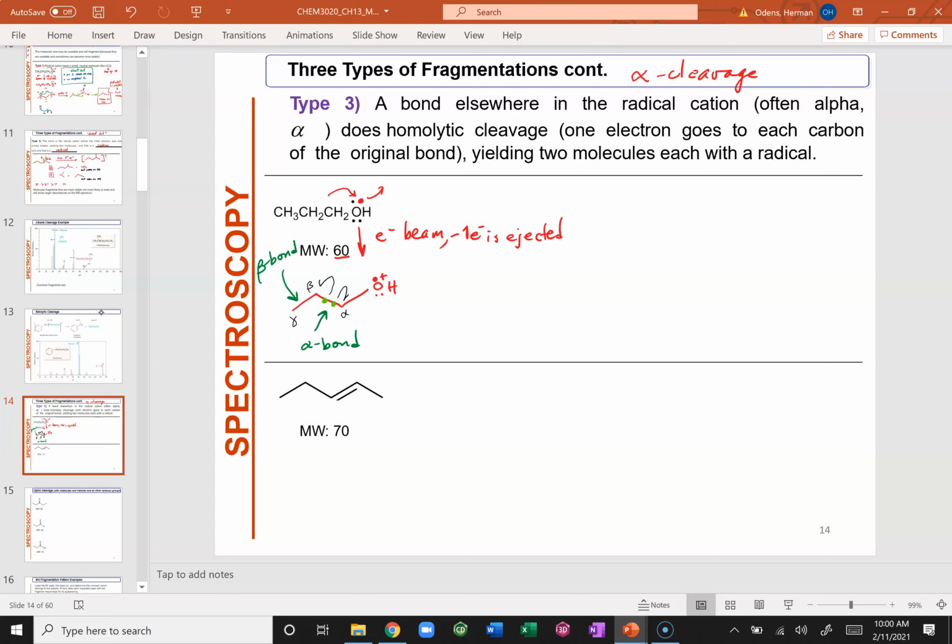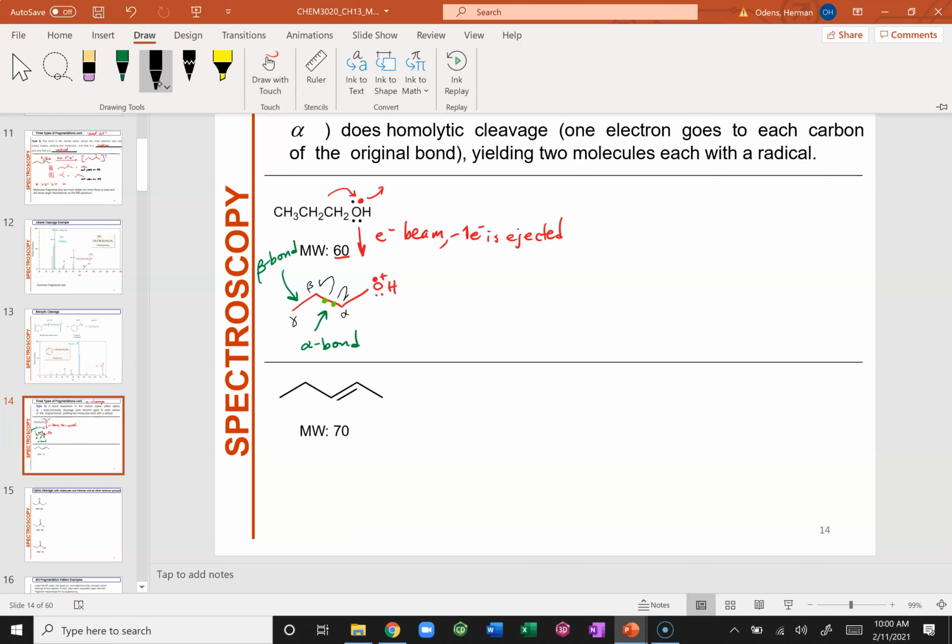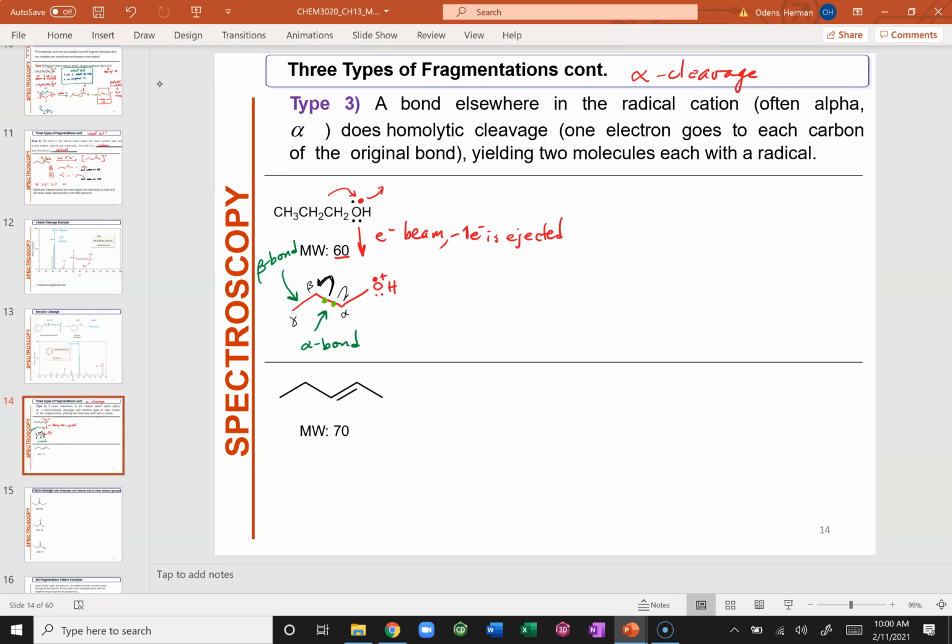Okay, so when you do this cleavage, it's homolytically. And so you will make, so I'm going to put here alpha cleavage. Can we see that? Yeah. So we do the alpha cleavage. What are you getting?